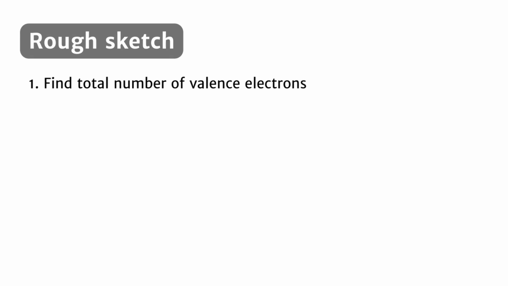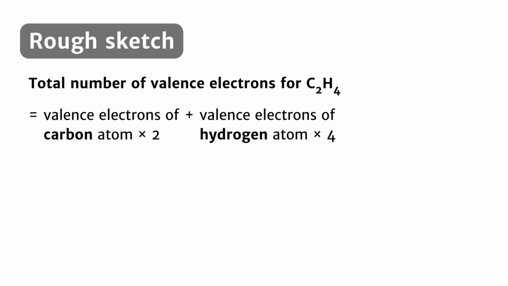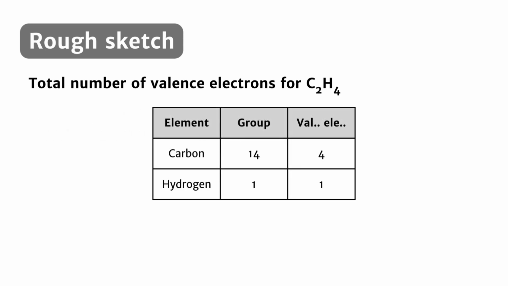Before constructing the preliminary sketch, we will begin by calculating the total number of valence electrons and then determine the central atom. The total valence electrons in C2H4 can be determined by summing the valence electrons of each atom. Each carbon, a member of group 14, contributes 4 valence electrons, while each hydrogen, a group 1 element, provides 1 valence electron.